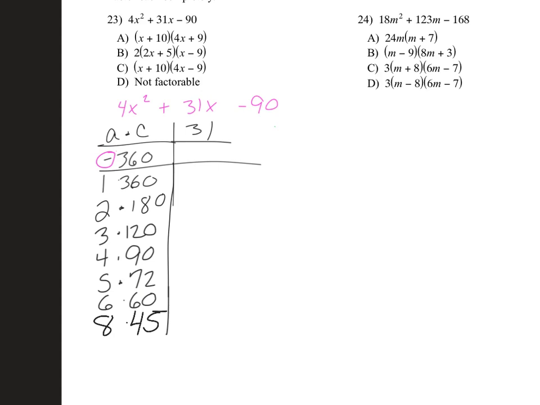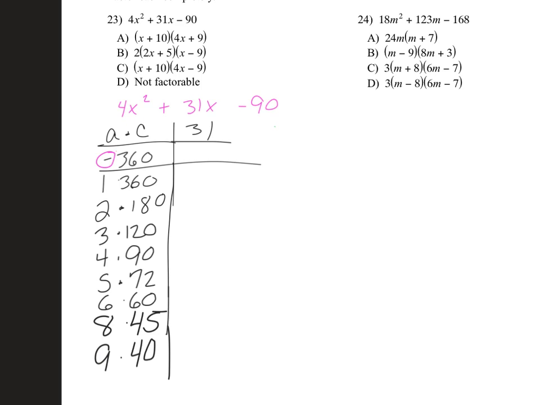Okay, I feel like we're moving in the right direction. That's still not going to get us to 31, but it's getting us closer. Do we have another one? Yes. 9 and 40. Okay. And will 9 and 40 get us to 31? Yes, it sure will.